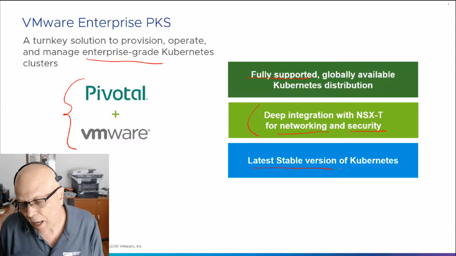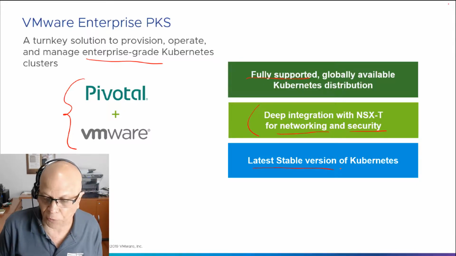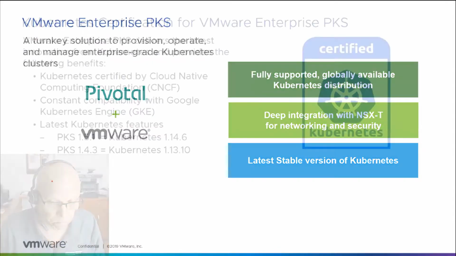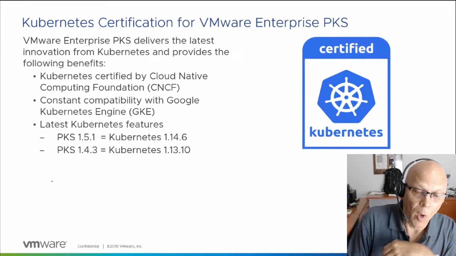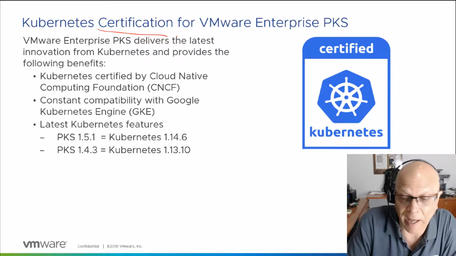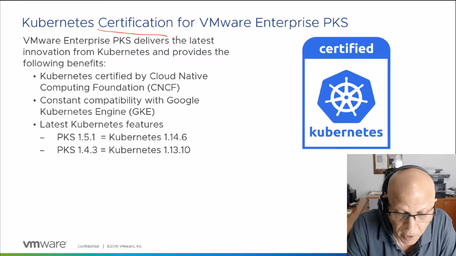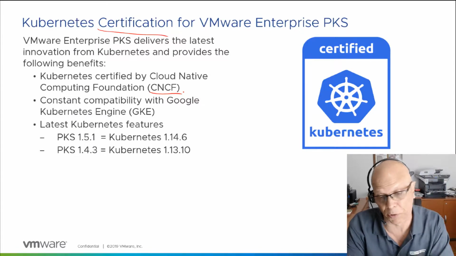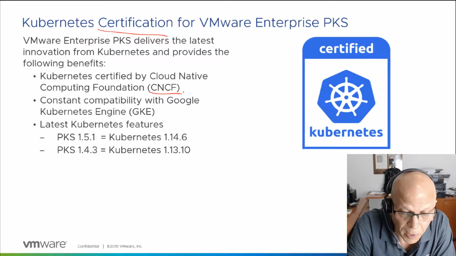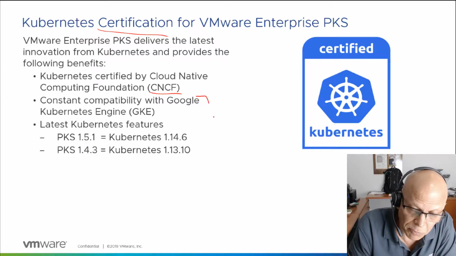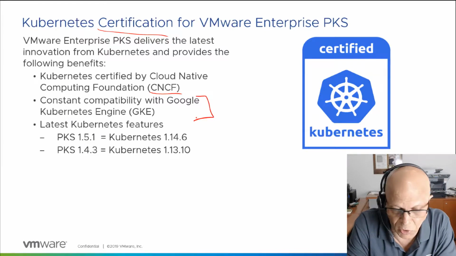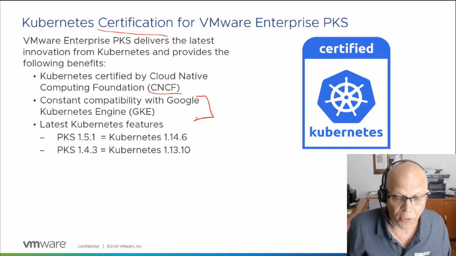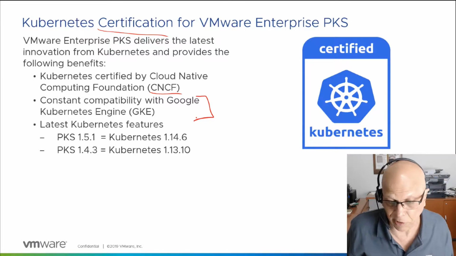There's going to be a PKS version, and that PKS version correlates to a Kubernetes version as well. So you can see that. We are giving you a certified version of Kubernetes. It's certified by the Cloud Native Computing Foundation, and they've got a certification that they go through. And since Google seems to be the source of this, we're specifically saying that we are compatible with the GKE Kubernetes engine.